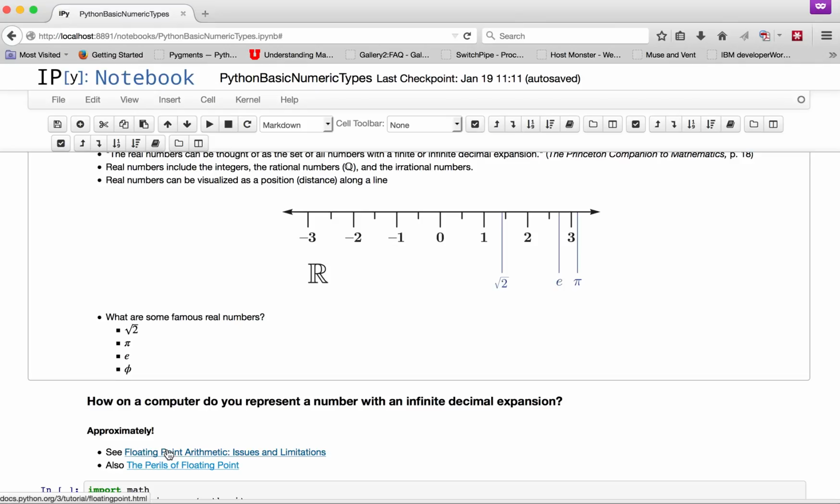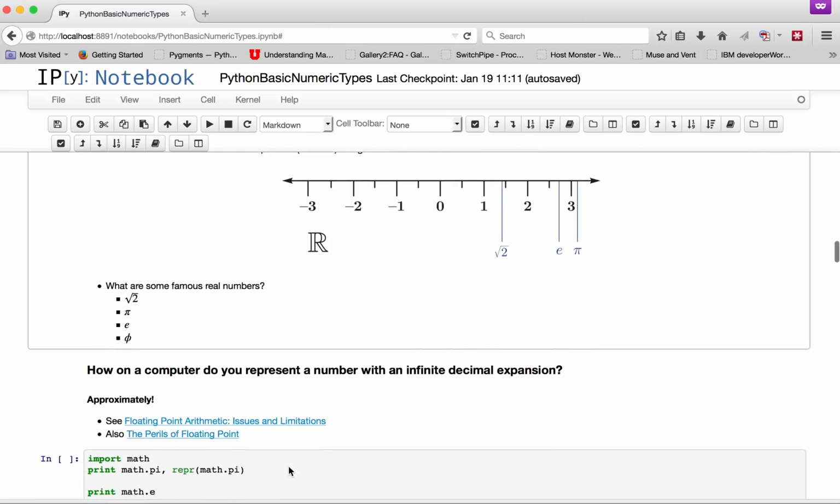And here I've got some links to different issues describing this. So here's the Python documentation on floating point arithmetic issues and limitations, and a website talking about the perils of floating point.